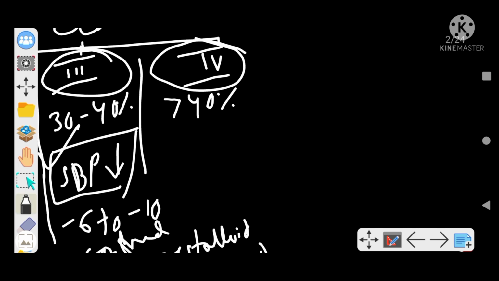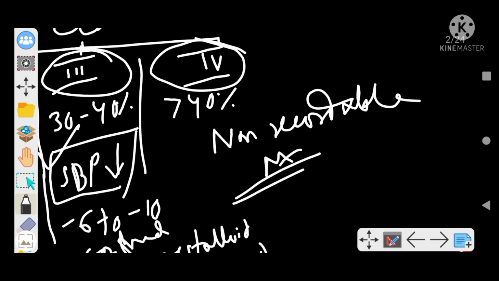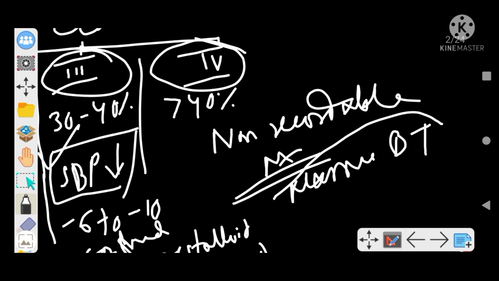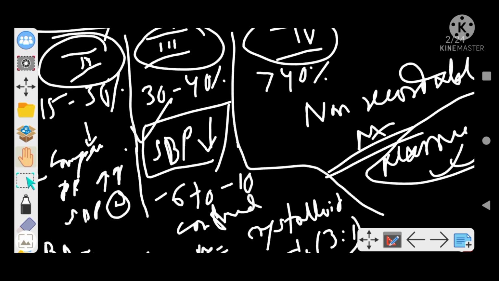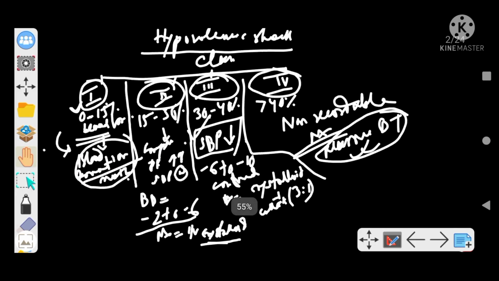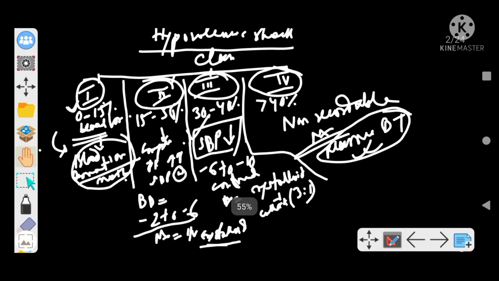And in class 4, where there is more than 40% blood loss, the parameters are non-recordable, and management is massive blood transfusion. We will see in our next slide what massive blood transfusion is. But for now remember, this is the classification of hypovolemic shock.